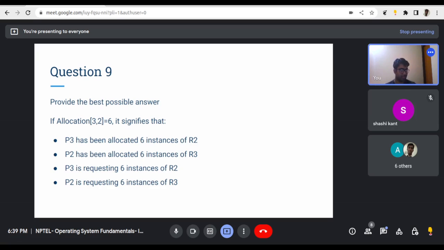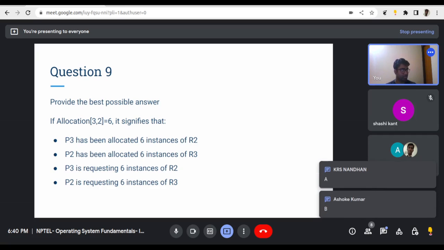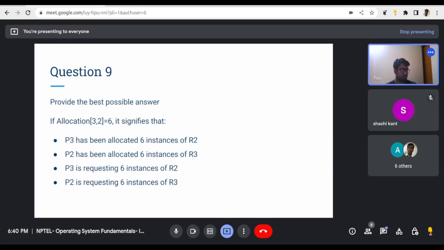Okay, I have some answers. It's a pretty simple question. So yeah, A is correct. That is, process P3 has been allocated 6 instances of resource R2.